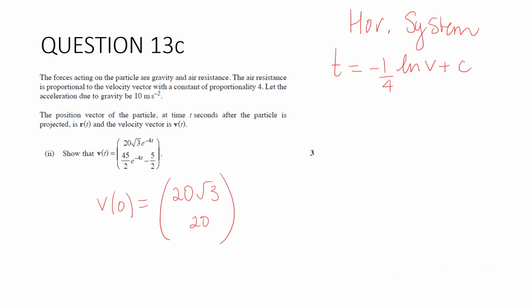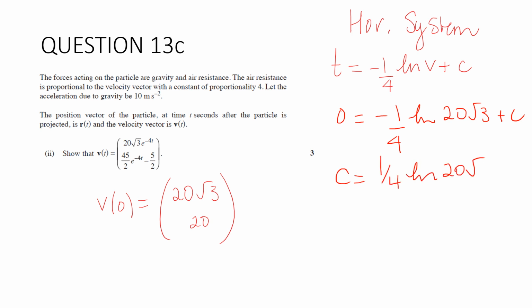Now at time equal to 0, velocity is equal to 20 root 3, so 0 is equal to negative 1/4 ln of 20 root 3 plus c, and so c is equal to 1/4 ln 20 root 3, which means that t will equal negative 1/4 ln of v over 20 root 3.